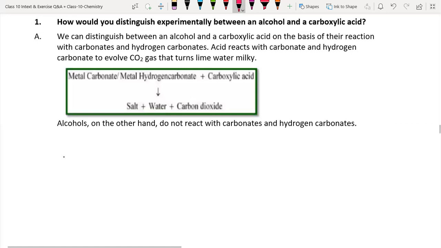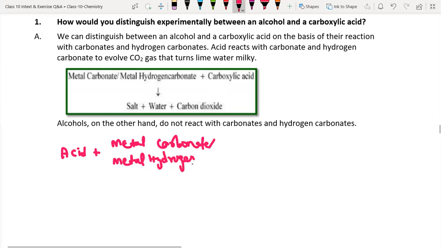In acids, bases and salts, if acid is added to metal carbonate or metal hydrogen carbonate, it will give one salt. At the same time, water and carbon dioxide are also produced.